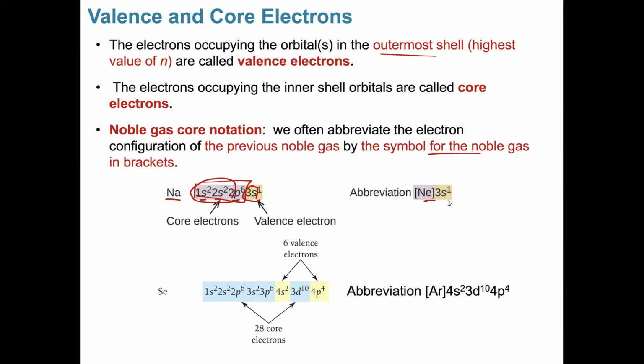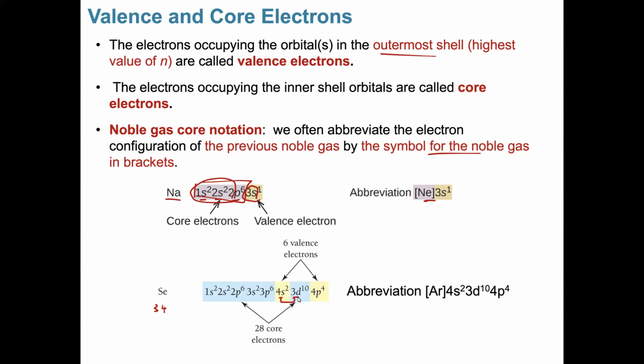Now, similarly, if we look at selenium, it has 34 electrons. The full electron configuration is 1s2, 2s2, 2p6, 3s2, 3p6, 4s2, 3d10, and 4p4. Make sure you keep in mind that 4s is written before 3d since it's lower in energy based on the Aufbau principle.